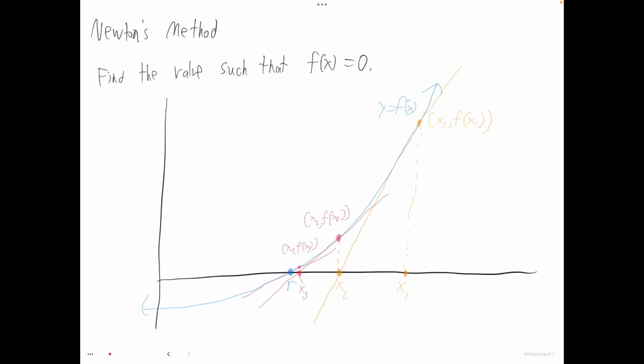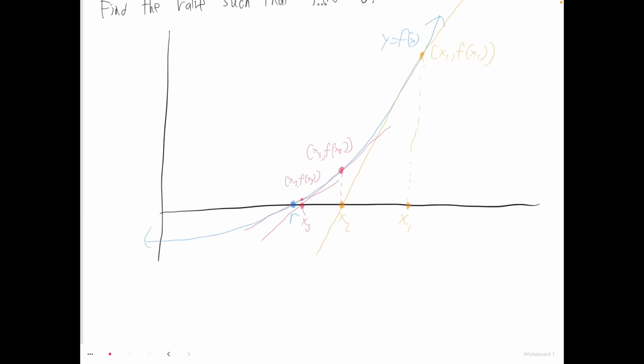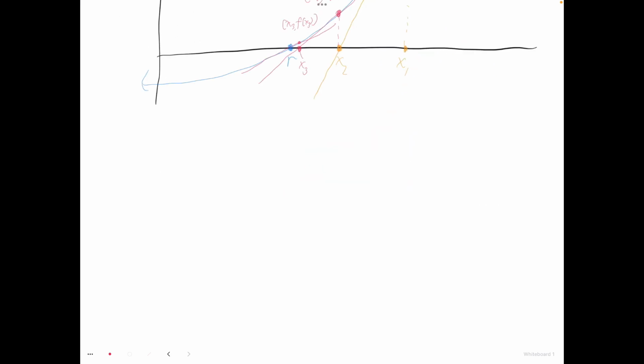So this is the idea of Newton's method: we take an initial guess, use tangent lines, find the x-intercept of the tangent line, and from there we have a new approximation. Then we just repeat this process, and as we keep doing this, we will approximate the value of the x-intercept. Let's look at an example.